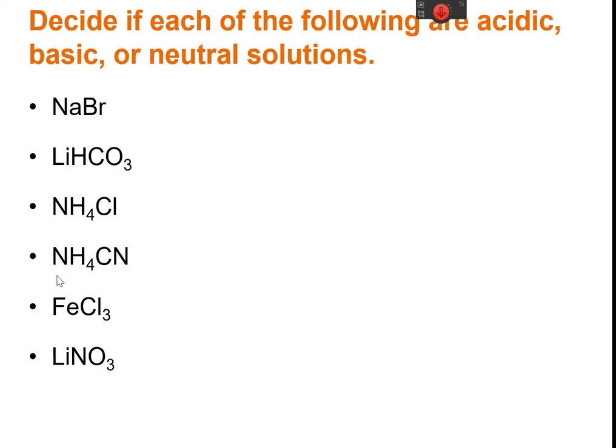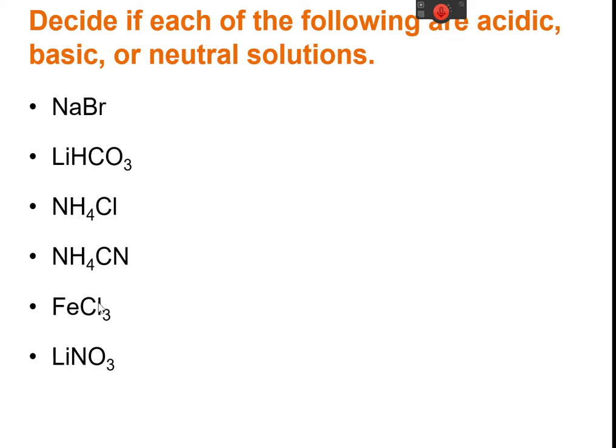Okay, next one, ammonium cyanide. This is the one you can kind of skip. You can't just look at it to make that decision. You would have to look up the values of Ka and Kb in order to decide.